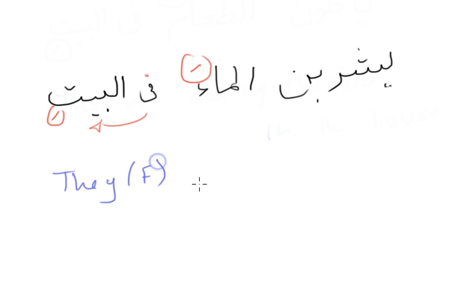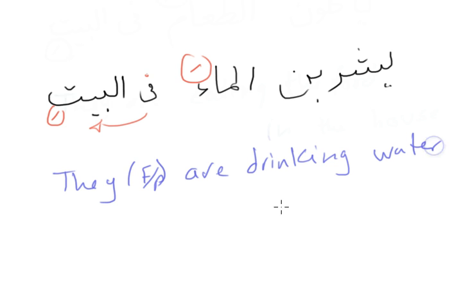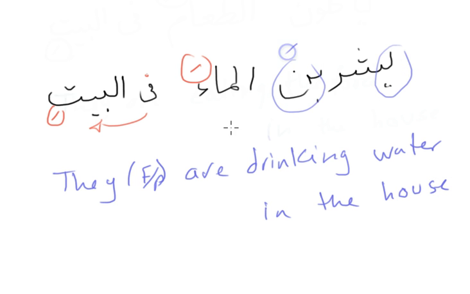Here we have يشربن الماء because of the object, في البيت because of the location, and it translates as they, meaning females, plural, are drinking water in the house. So yashrabna, they are. Remember, the ya has changed, and we've added noon at the end, na.